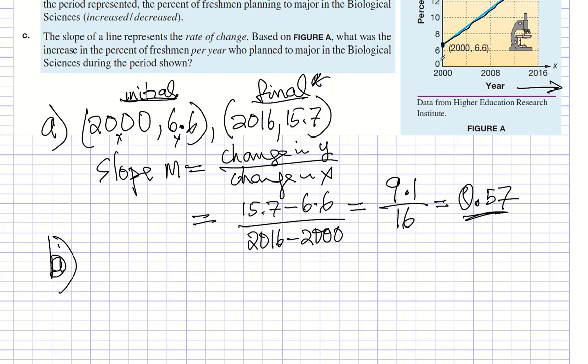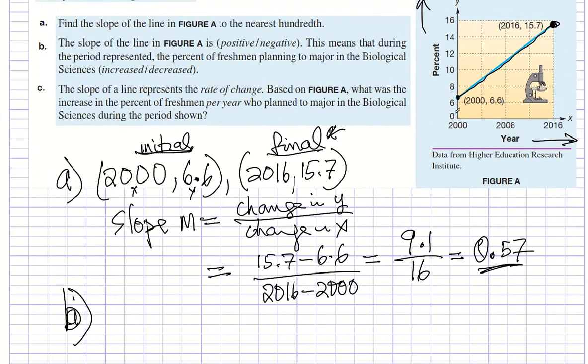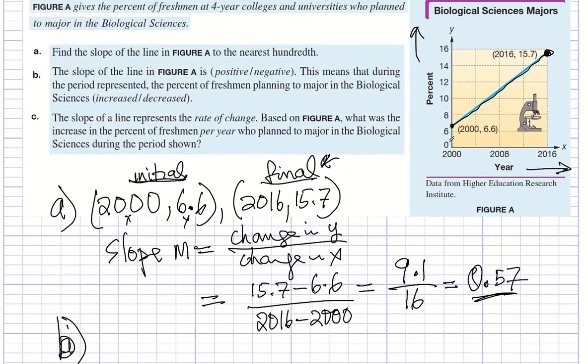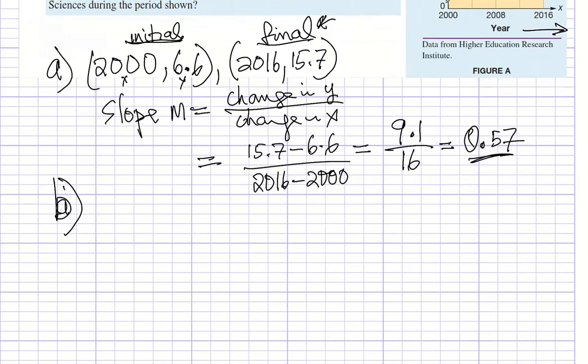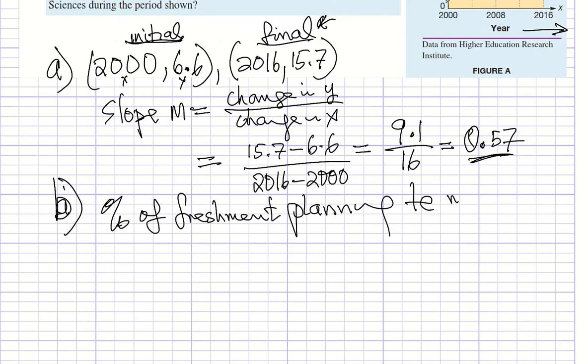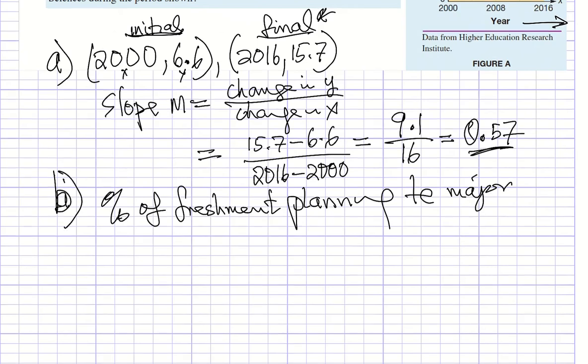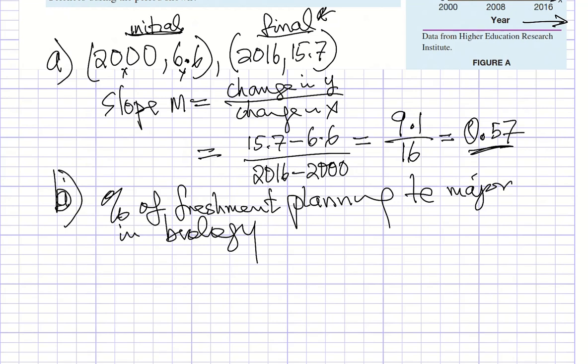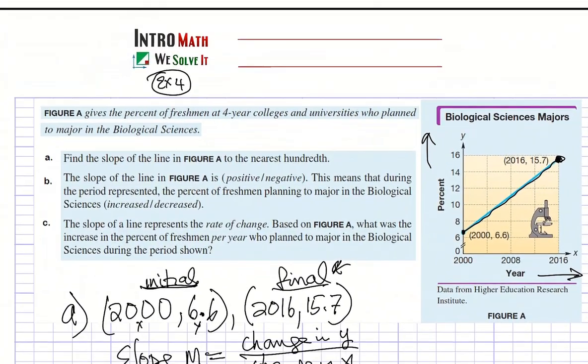This is B. The percentage of freshmen planning to major in biology increased in that period, because the slope is positive.